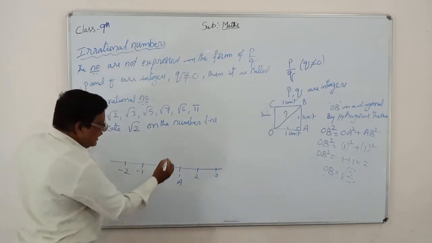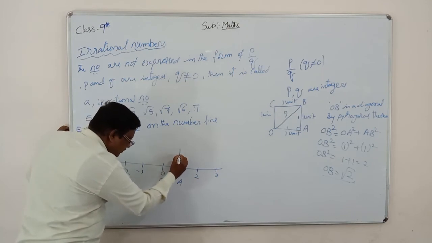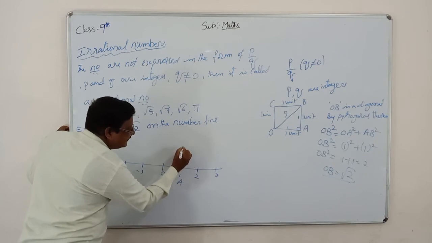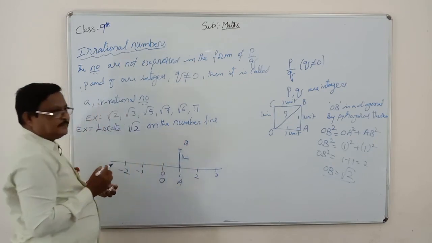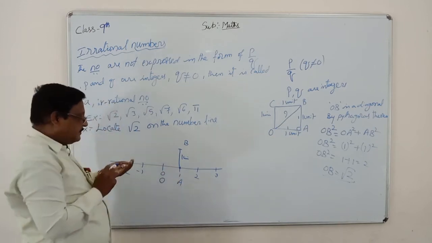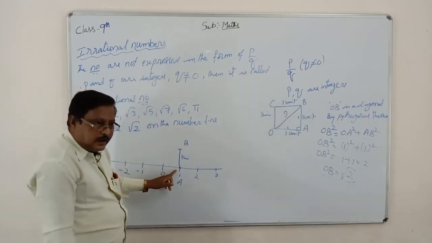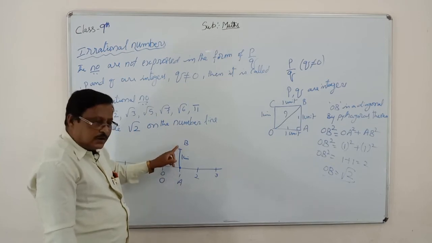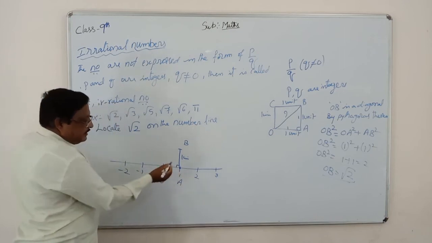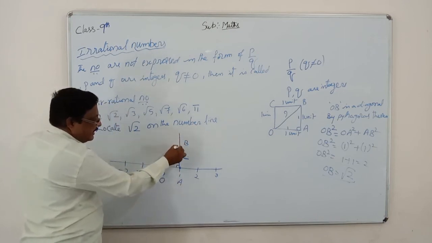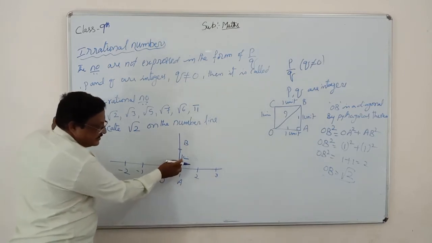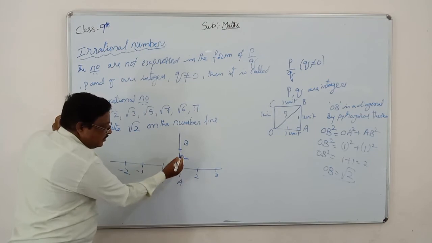Next, AB, from here to here, you draw, this is 1 unit, this is B. It means, at point A, you have to draw a 90 degree perpendicular. After drawing a bigger line, next you take a radius of 1 unit, 1 centimeter, and cut it here.